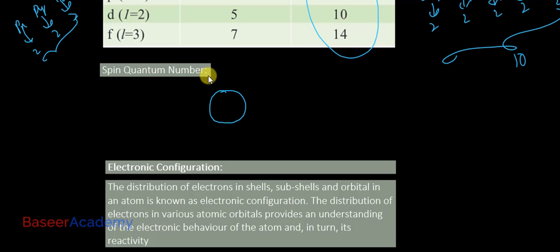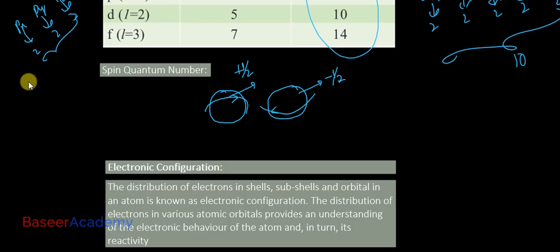What is spin quantum number? See, electrons can have a clockwise spin, and electrons can have an anti-clockwise spin. If the electron spins clockwise, we say that the spin is plus half. And when the electron spins anti-clockwise, we say that the electron has minus half spin.